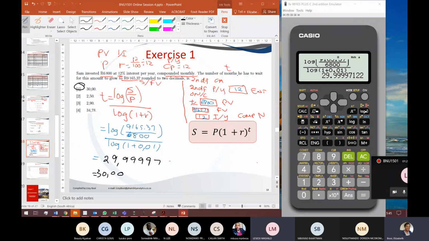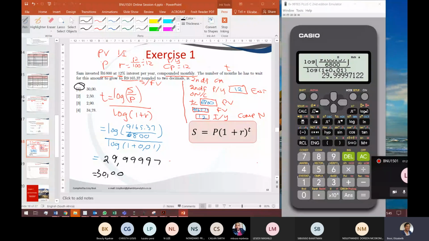Yes, like when I explained, I said, if they say they want it in years, then we will have to use the compounding periods to get it to the year. But since these are the same unit as the monthly, then we can leave it as we see it. Only and only if they say in years.